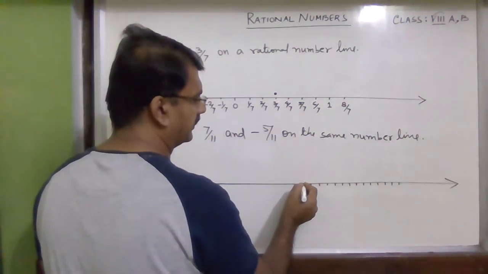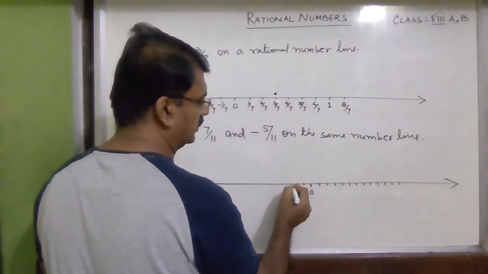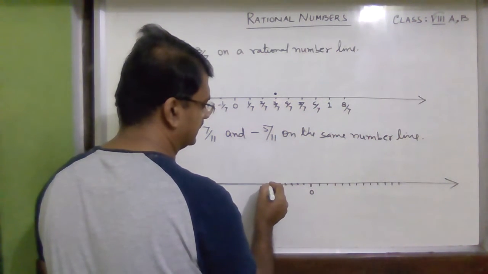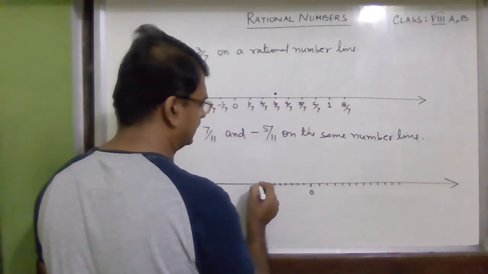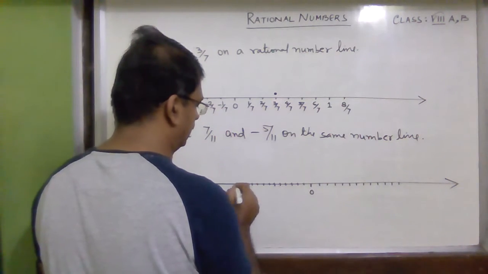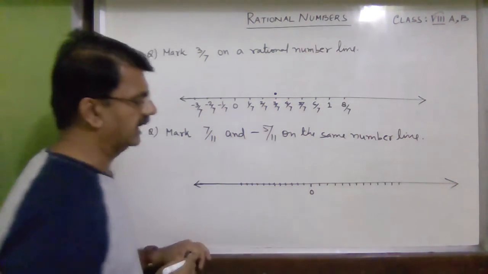On this side, 1, 2, 3, 4, 5, 6, 7, 8, 9, 10, 11, 12. Like this.